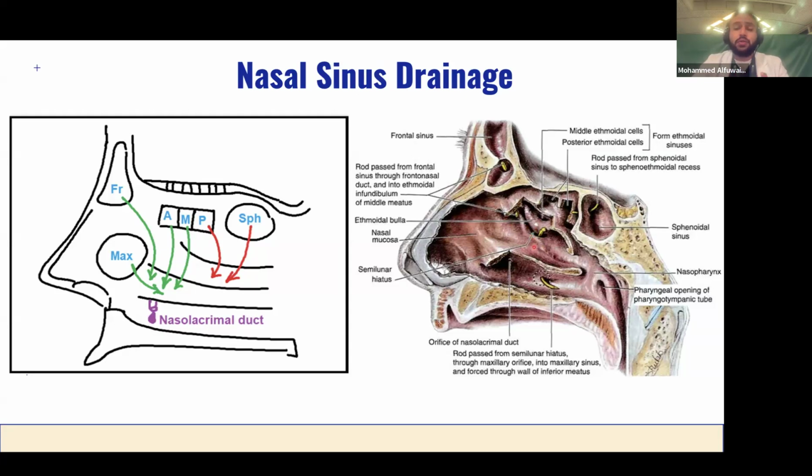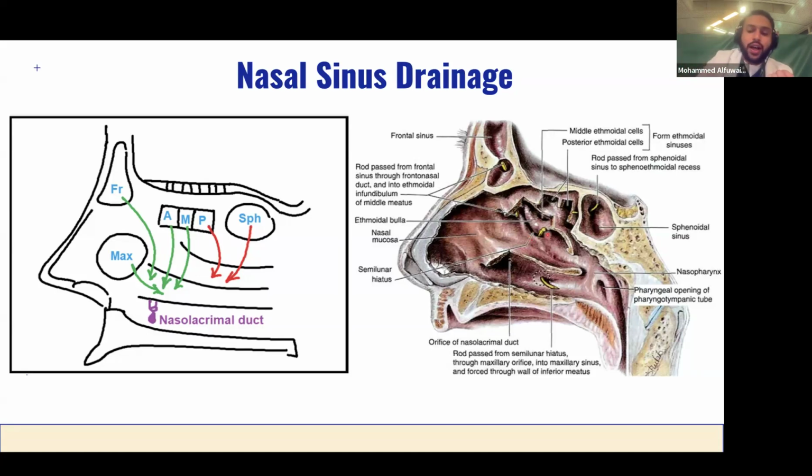So what will develop afterwards if you have blockage of the ostia over here is sinusitis, because that's what drains into it. That's why we usually call it rhinosinusitis, because it's both the same thing. Rhinitis can be complicated by sinusitis. Sinusitis has bacterial and viral causes. In this case, it's usually bacterial.